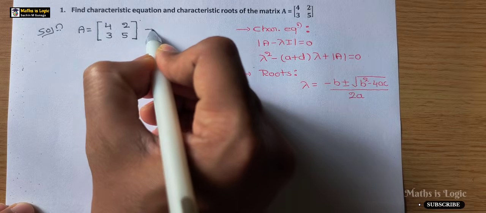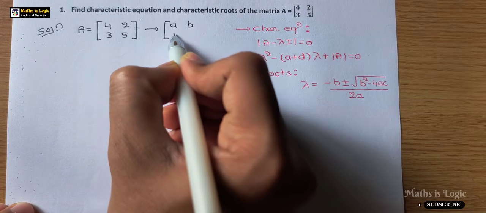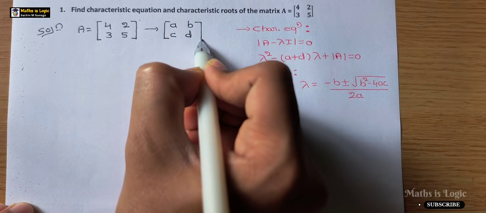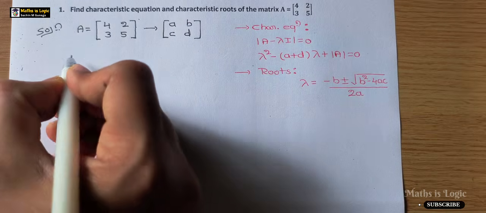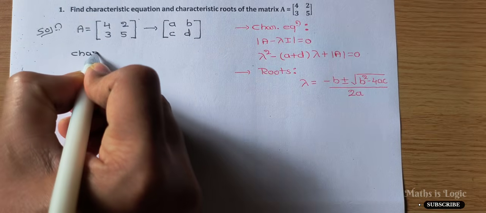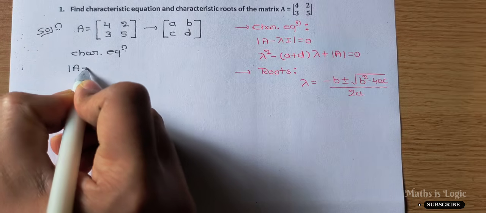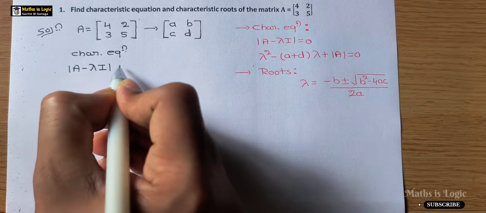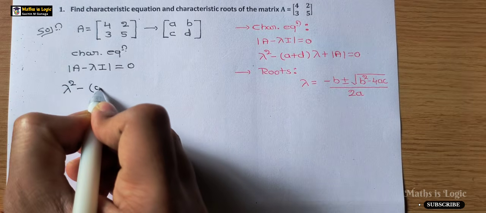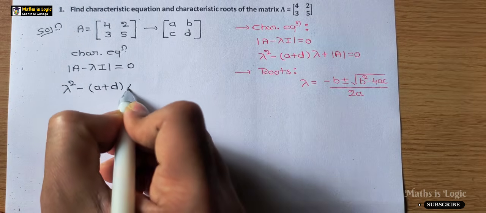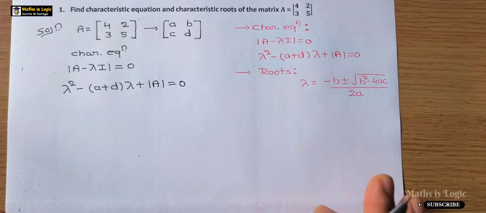So first, given matrix, compare this with a, b, c and d. So next, write the characteristic equation formula. Therefore the characteristic equation formula is determinant of A minus lambda I is equal to 0, and lambda square minus (a plus d) into lambda plus determinant of A is equal to 0.